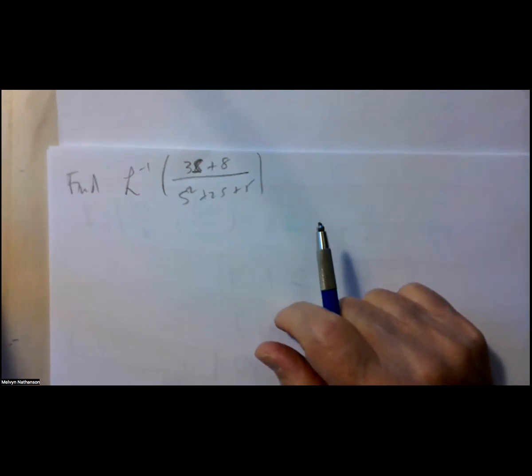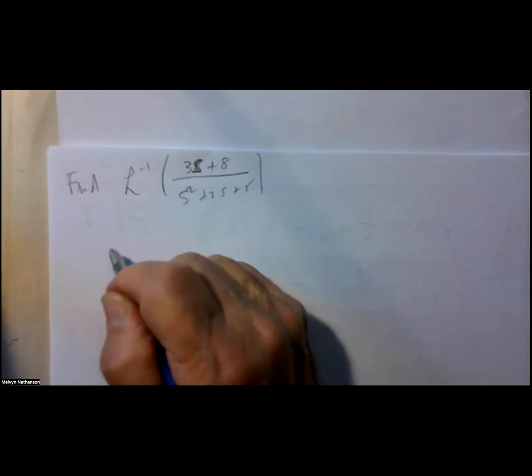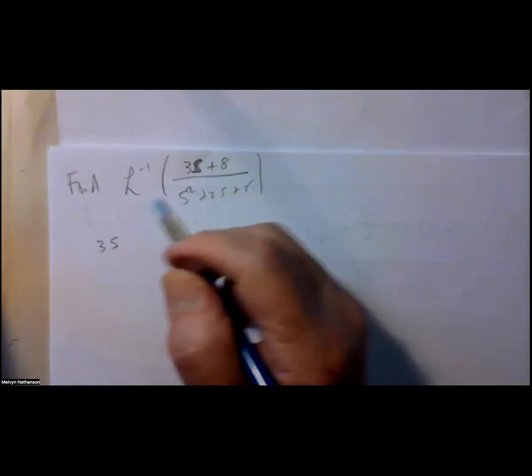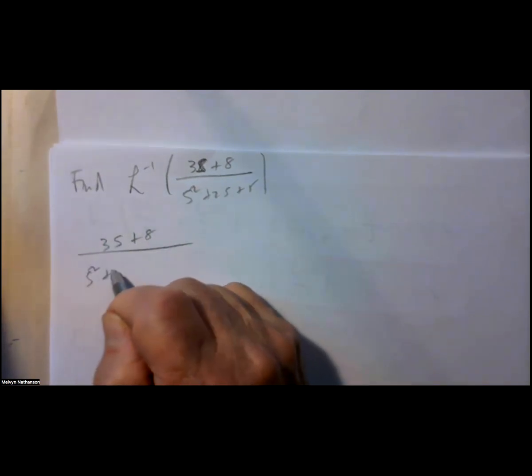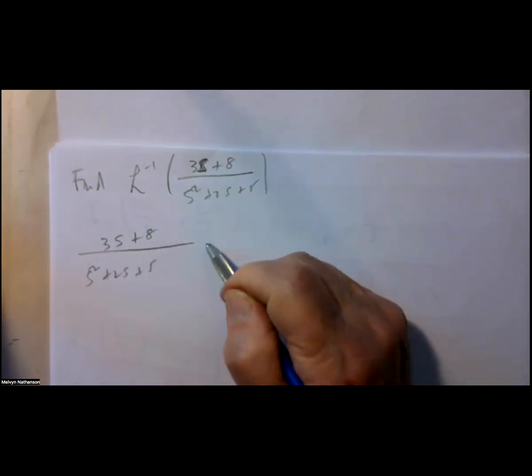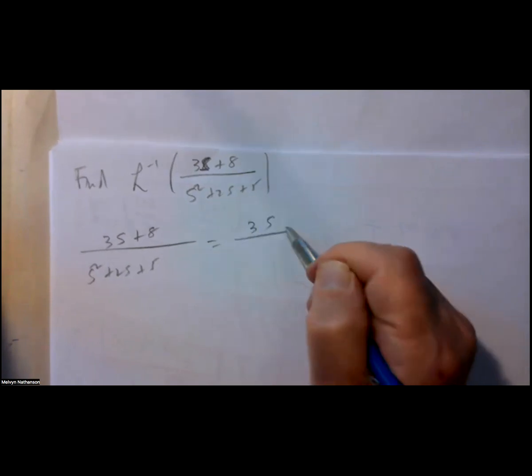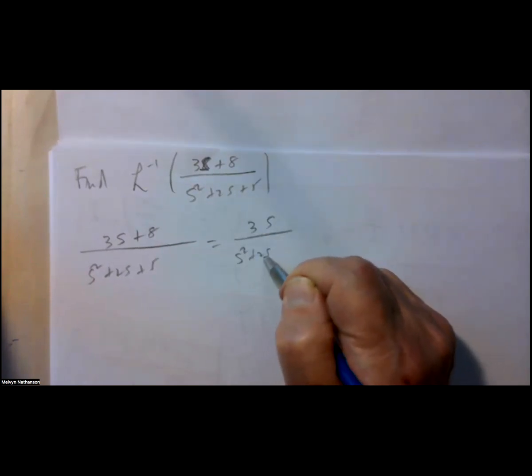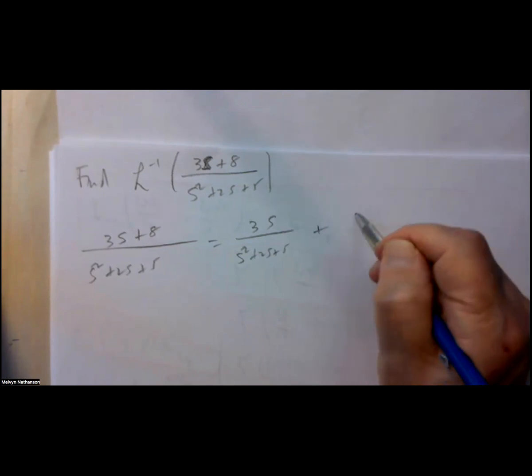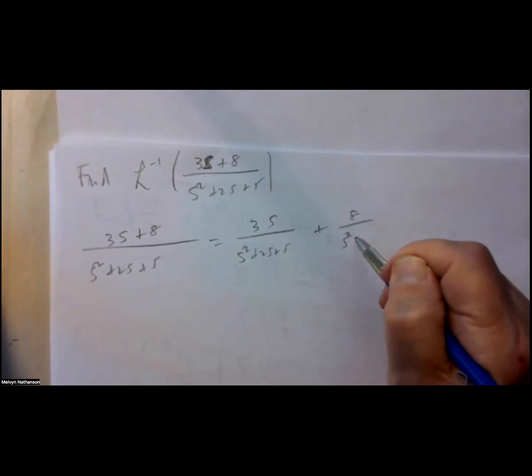So this you don't find in the table, but we can write this. So let me just start to simplify this function. 3s plus 8 over s squared plus 2s plus 5. That's 3s over s squared plus 2s plus 5 plus 8 over s squared plus 2s plus 5.